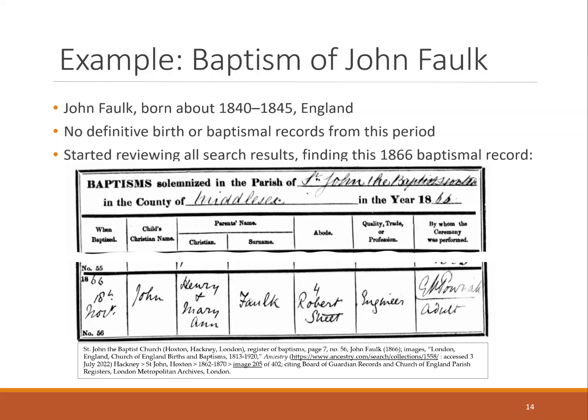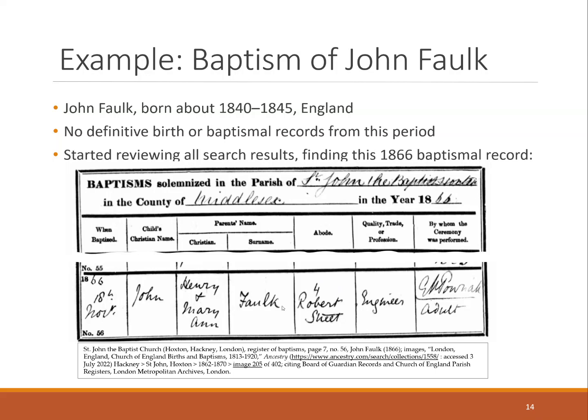It turns out John Falk was a mechanic, and often the term engineer was used. So this is referring to John Falk, the engineer, and not the parents. This might even be the address of John Falk at the time.